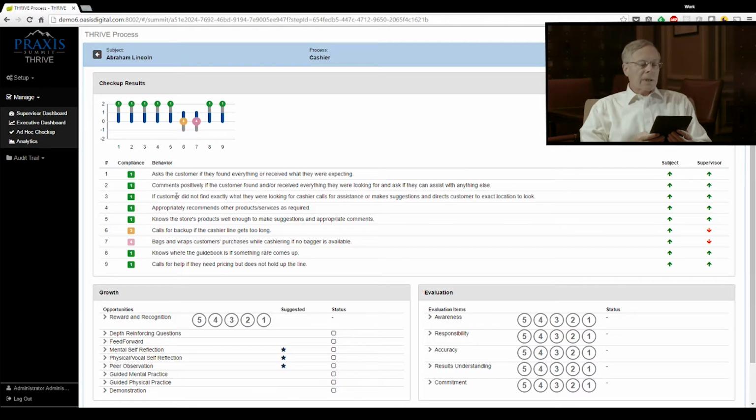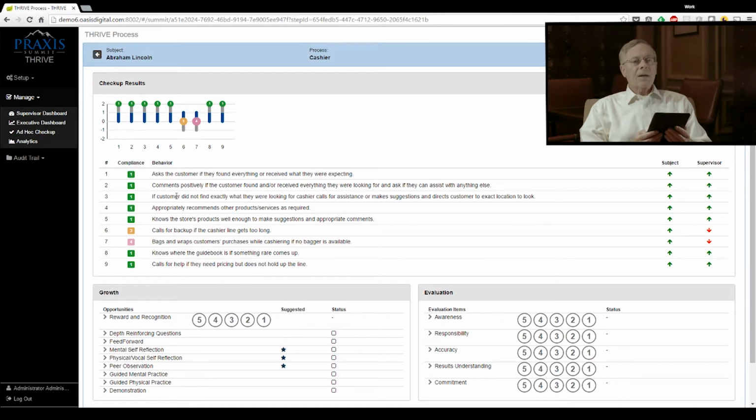And those numbers correlate with, down below this graph, all the behaviors that have just been checked up on for that step. And again, the color codes exist next to those behaviors, and it also shows in a different form whether the subject thought it was in compliance and the supervisor thought it was in compliance. So it reflects in a different form that lollipop chart.